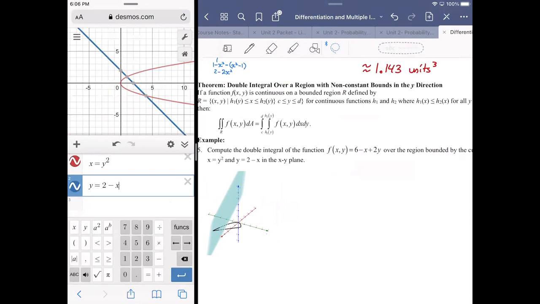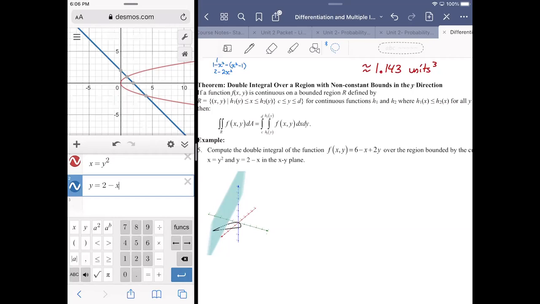The intersection of the two functions creates a bounded region. That little bounded region is the relevant one. This is our XY plane, and we have a plane living up in space that comes down and intersects with the XY plane in that shape.